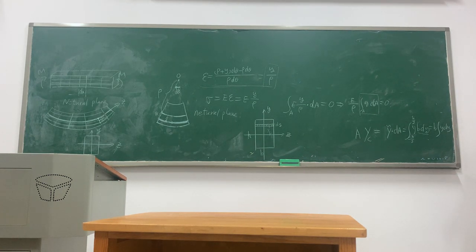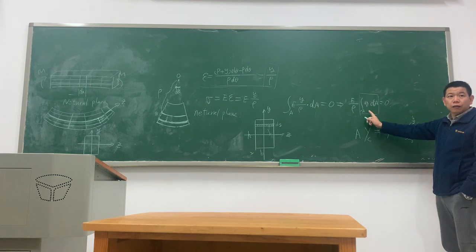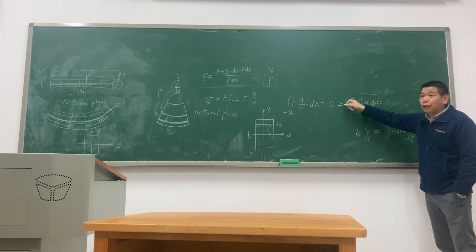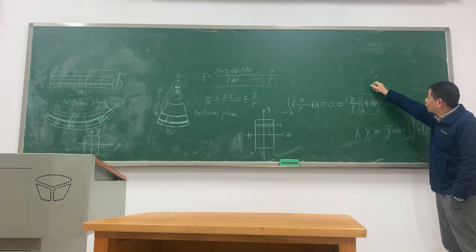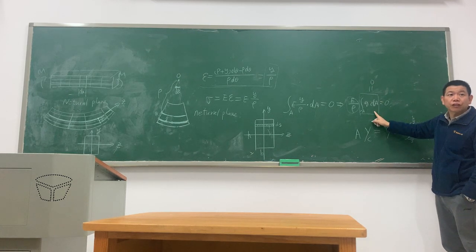We know from here we know B is a constant, so we can know this part is 0. Yes or no?